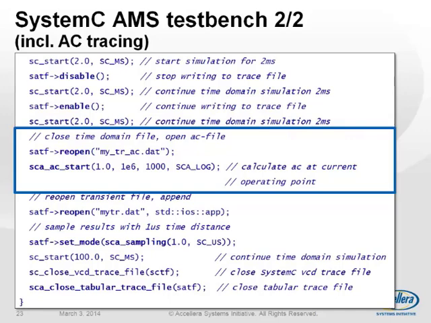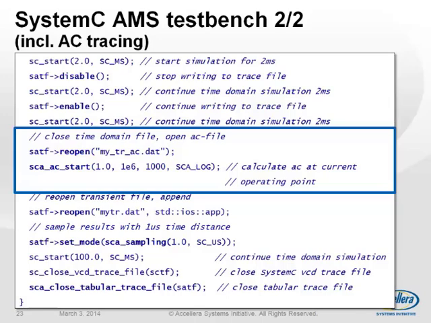And if you're doing mixed transient and then AC domain simulation, after each change of the analysis type, you will have to reopen a different file through your trace file handle so that you don't mix transient and frequency domain tracing results. So this is done with the reopen member function of the trace file handle, and then you can start your simulation and the results will be stored in the trace file.